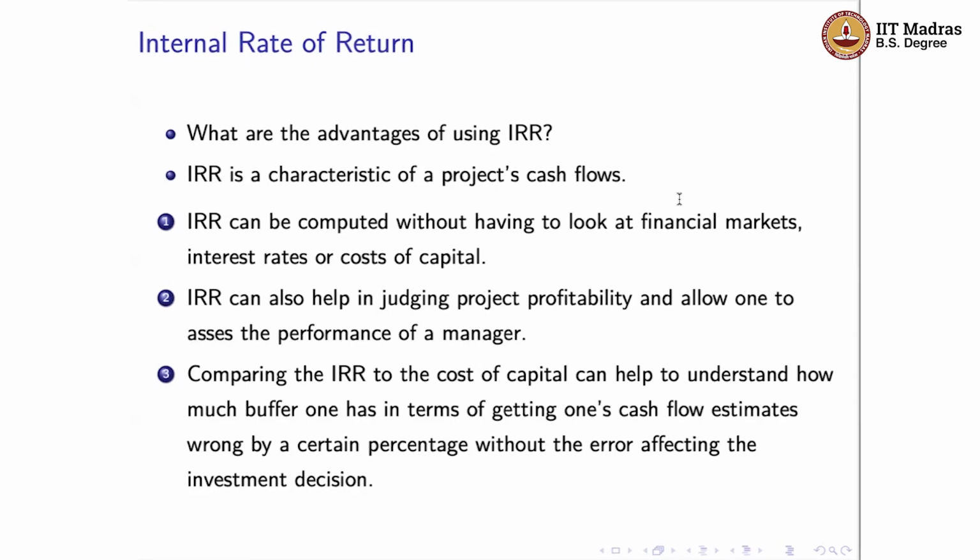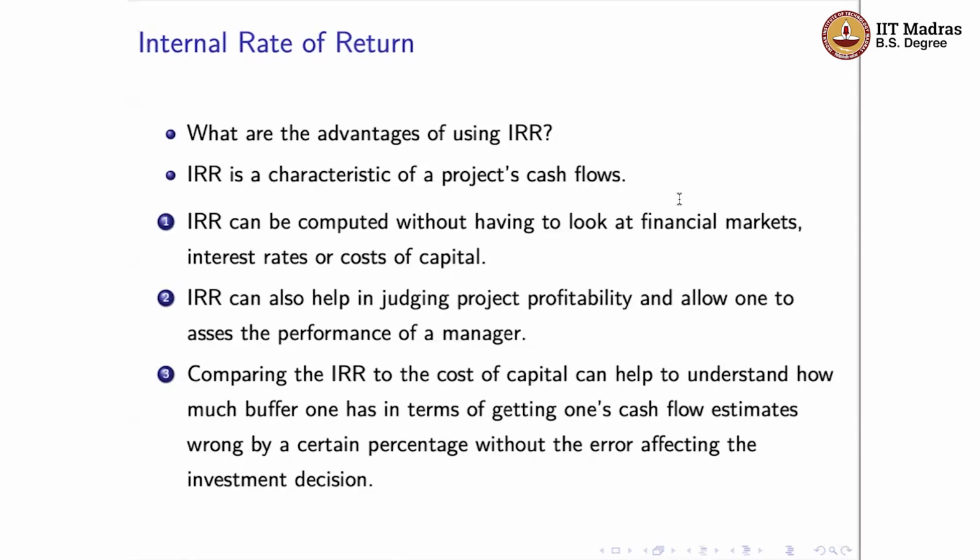Comparing the IRR to the cost of capital can also help you understand how much buffer one has in terms of getting one's cash flow estimates wrong by certain percentage points without the error affecting the investment decision, right? So, for example, suppose the IRR of a project was around 10%, whereas the prevailing interest rate in the economy was 5%.